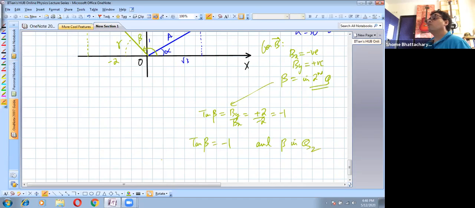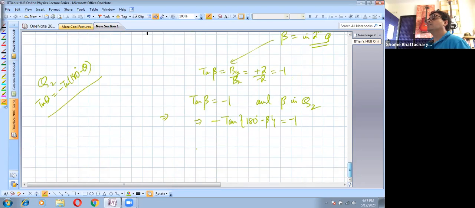So I'll use the formula for quadrant 2. So what was the formula for quadrant 2? Quadrant 2 formula was that tan theta is equal to minus of tan of 180 minus theta. I'll use that. So minus of tan of 180 degrees minus beta is equal to minus 1.